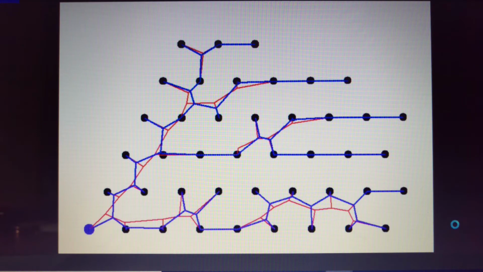So there's a small improvement there. But the solid blue lines are the result of the second stage processing, which does even better. That has a distance of 403.